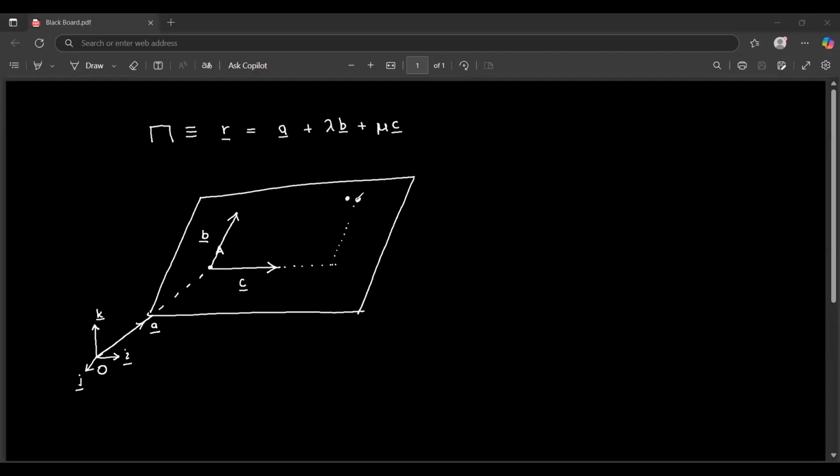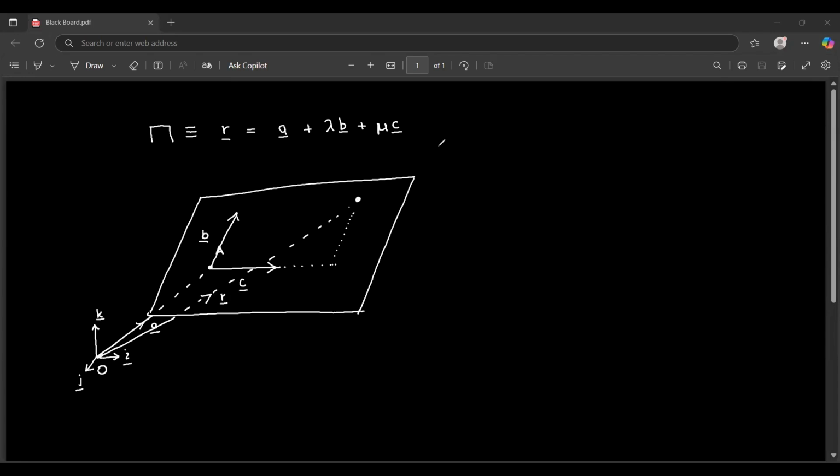So you have to go mu times c and then lambda times b, and you will end up at the given point. That point is given by the position vector r. So if you connect that point, that is the position vector r. That's what we call r.